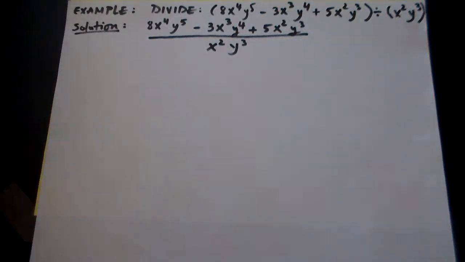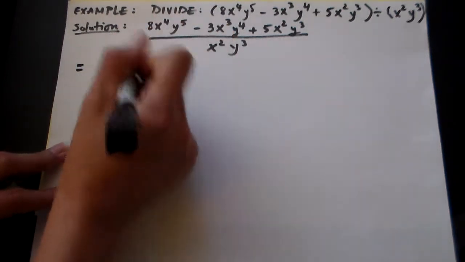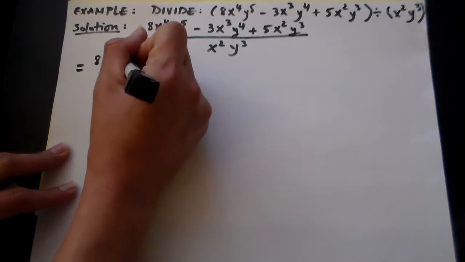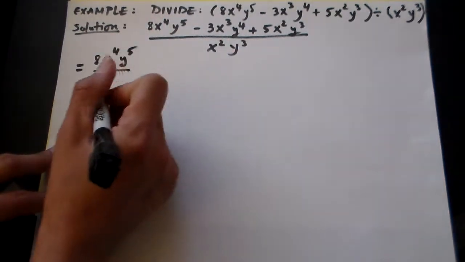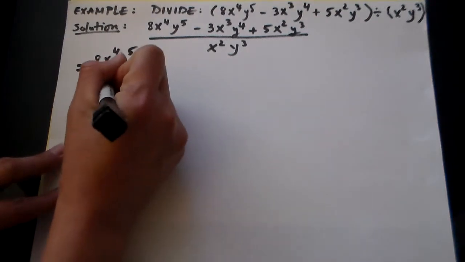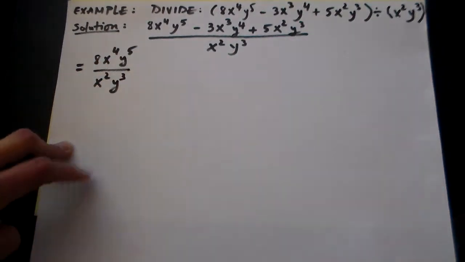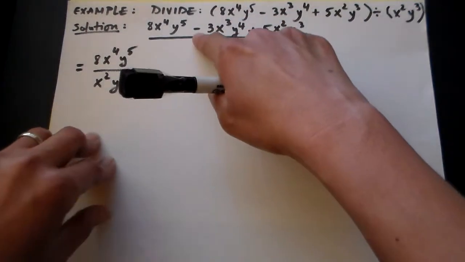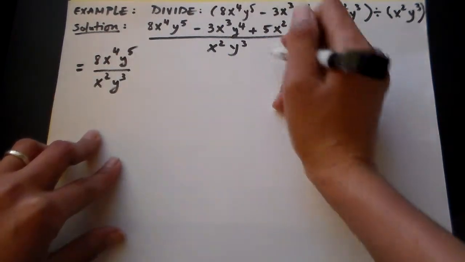So let's divide. So we have an equal sign. The top, 8x to the 4th y to the 5th, divide by the denominator, x squared y to the 3rd power. Subtract, because the second term is a negative term, so make sure the sign is the same as the sign of the second term.